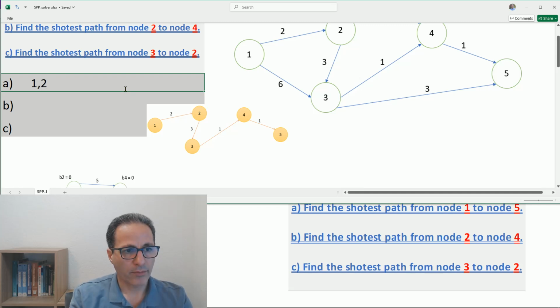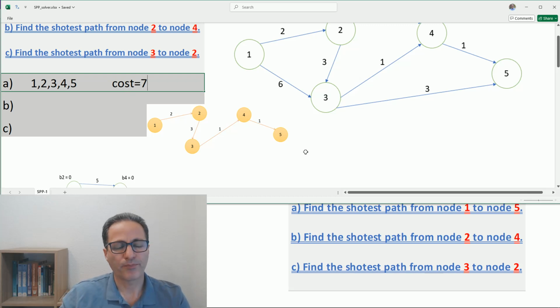And then from 2 to 3, 3 to 4, 4 to 5. This was the shortest path, and the total cost equals 7. This was the shortest path for part A.